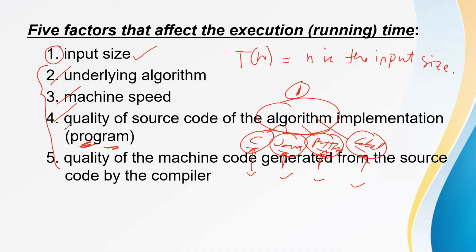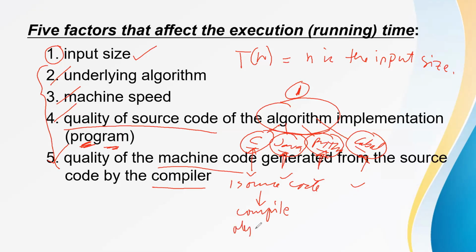Thus, we say that the quality of the source code implementation of the algorithm is a factor. The fifth one is the quality of the machine code generated from the source code by the compiler. Recall in our earlier programming course, the source code is compiled first, and then the resulting object code is further compiled or interpreted or translated until we have the true executable code.